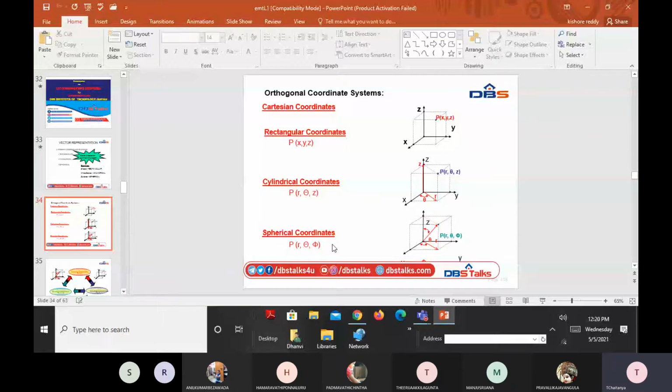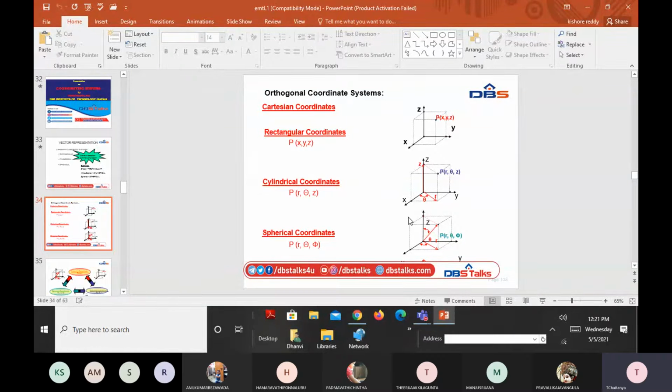The azimuthal angle is the angle between the radius of the sphere and the x-axis. The third one is phi, the angle between the z-axis and the radius.